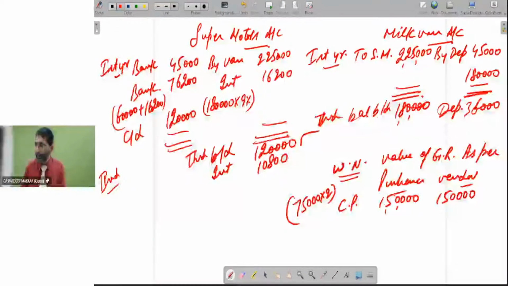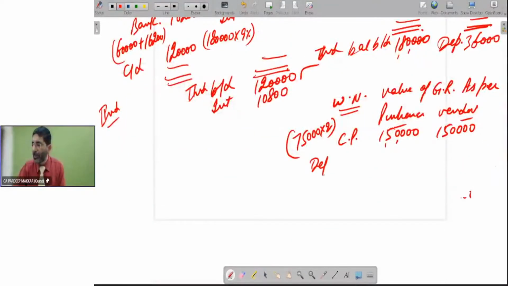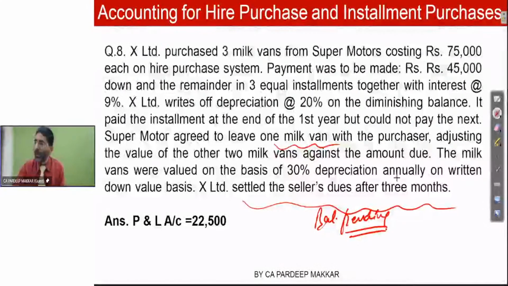Now depreciation of first year will be charged at the rate of 20% according to purchaser, at the rate of 30% according to vendor. And method is same for calculating depreciation. See, it is 30% on return on value.